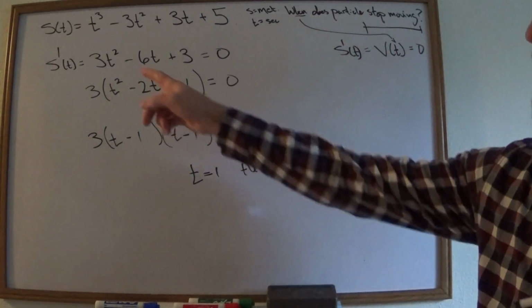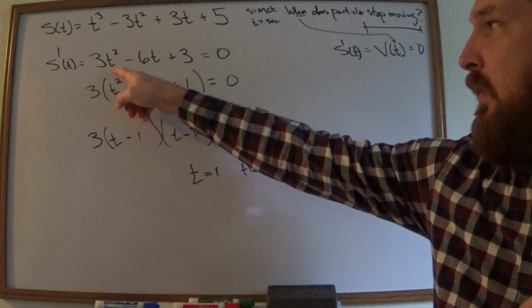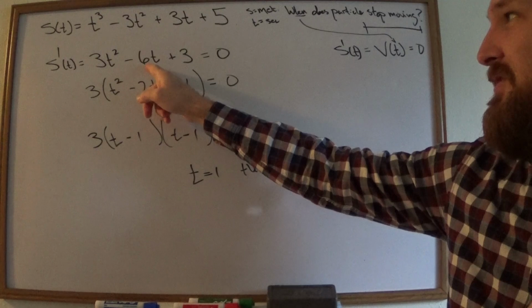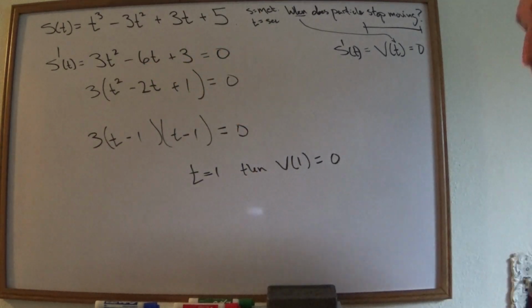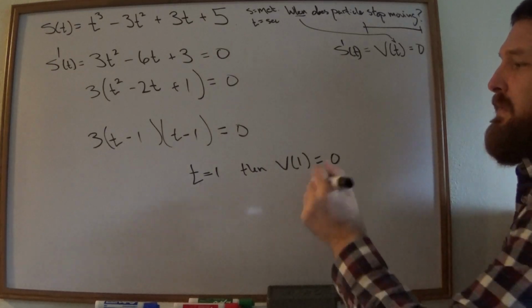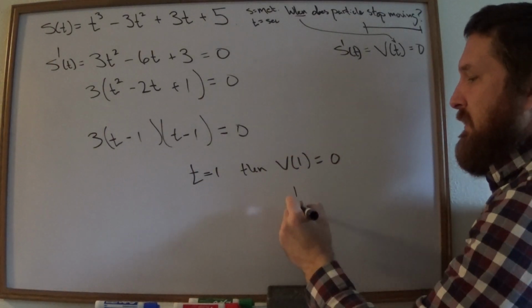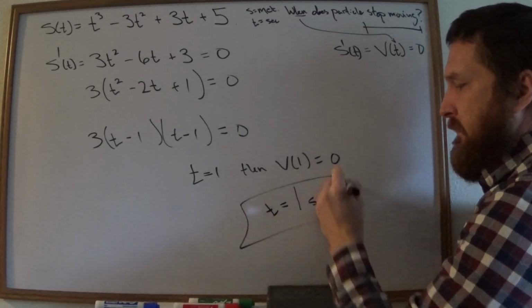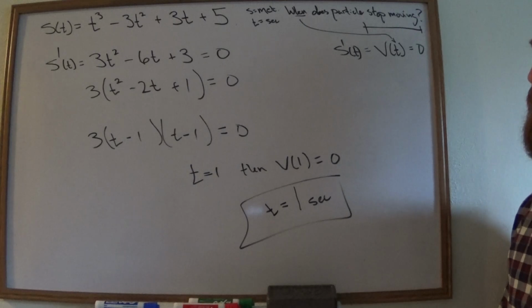And you can check by plugging in a 1: 3 minus 6 plus 3 is indeed 0. So it does indeed work. The time would be when t equals 1 second. Everybody get that?